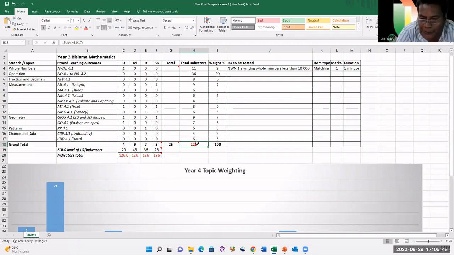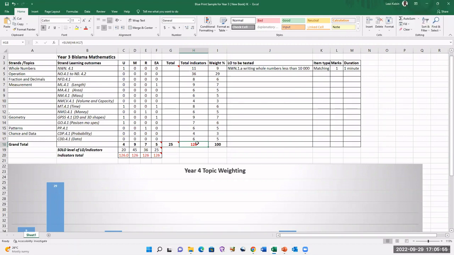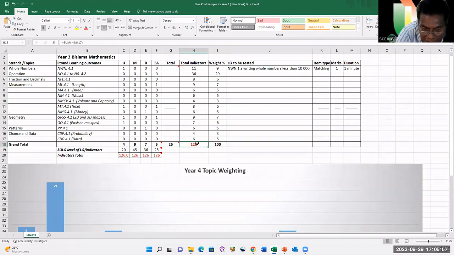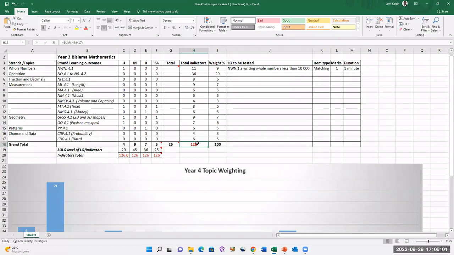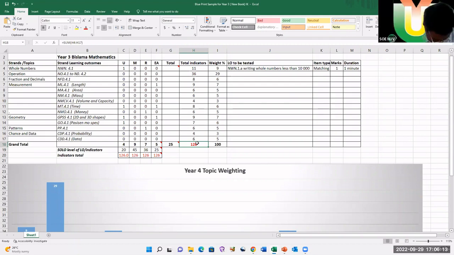In assessment, when you use it like that, you call it an indicator. If you achieve the learning outcome, you may call them indicators. I mean, indicators show you achieved the learning outcome. Now try to explain them back again.